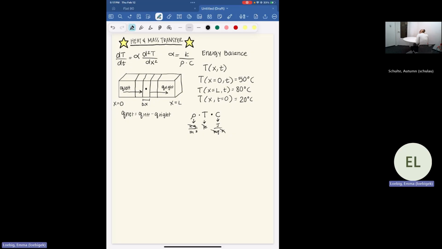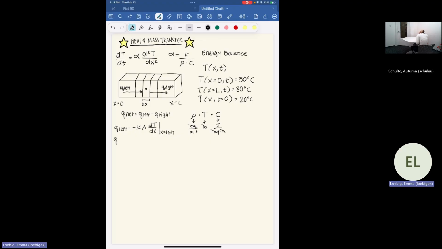Going back over here, we can expand our Q left and Q right terms. Q left can be represented using Fourier's law, which we know is negative the thermal conductivity multiplied by the area multiplied by the change in temperature with respect to position, and over here evaluated at x from the left.